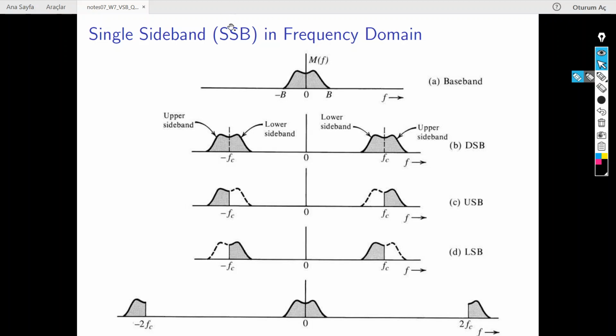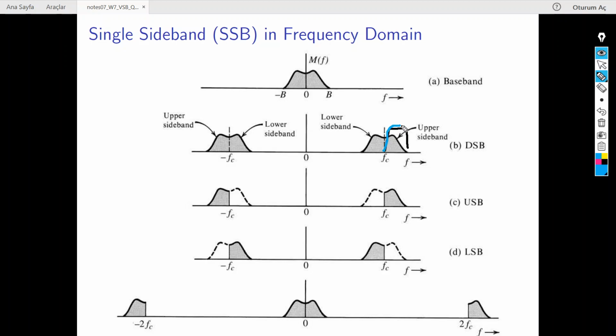So basically your signal goes to the upper band, the positive one and the negative one here. Up until here, it's double sideband, and it's suppressed carrier because the carrier is not showing here. Now, if we want to transmit our signal using single sideband, we need to use a filter that can take only this part.